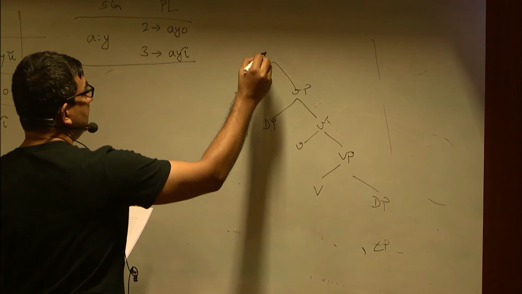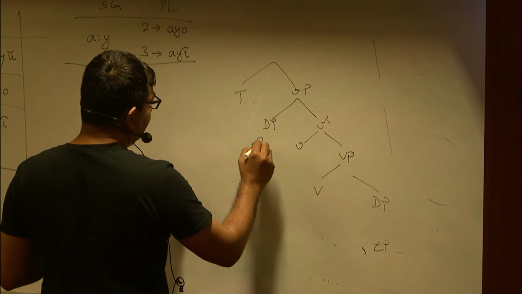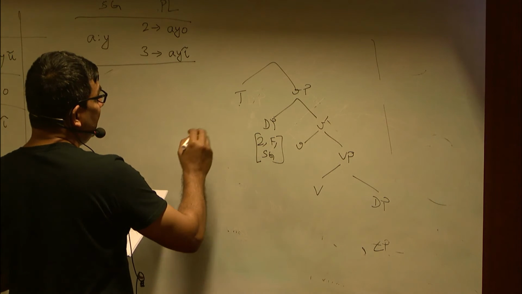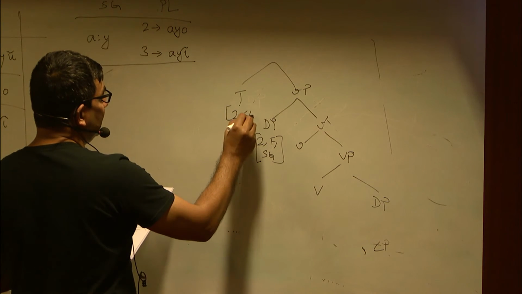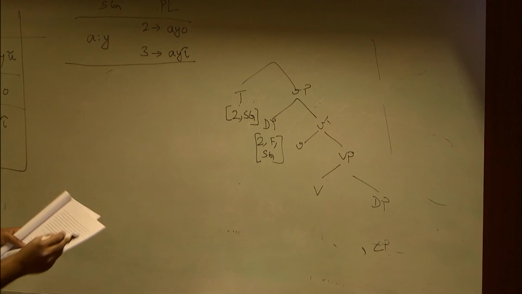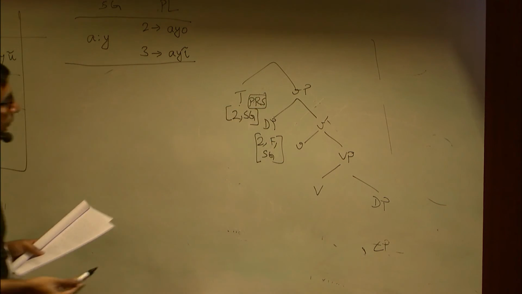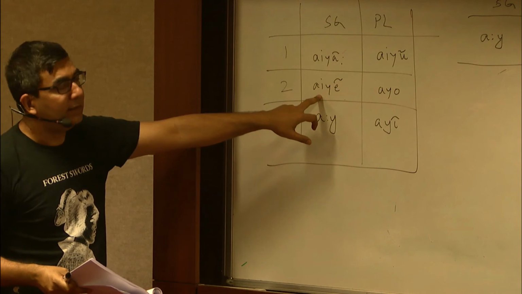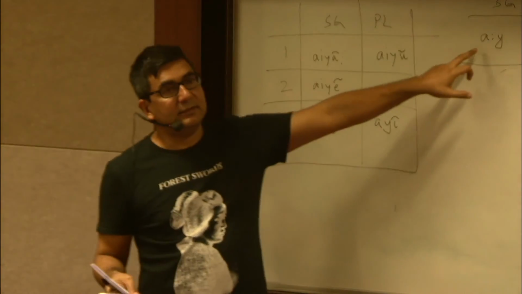Let's say it's second feminine singular. Then your T would expect to collect 2 singular, and suppose this is the present auxiliary. So we go and look here. We should get IE. We don't get that. We get this.